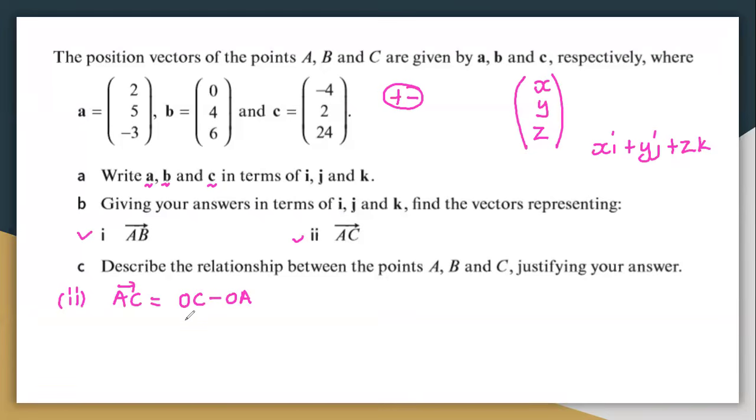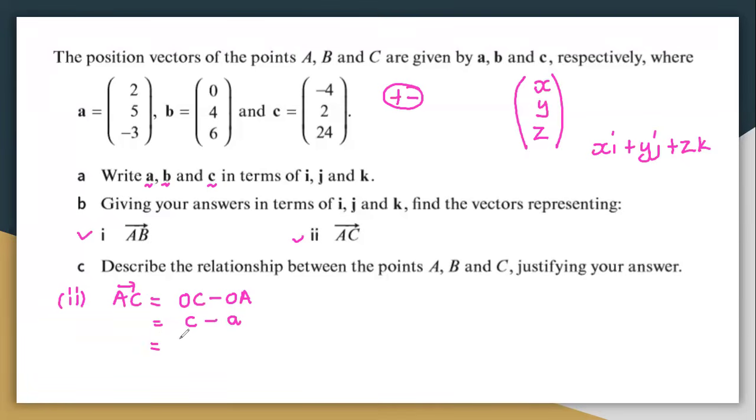And OC is -4, 2. Ruth, I have a question. When you look at our question, what represents OC? Which letter represents OC? C. Then which one represents OA? A, lowercase letter A. Okay, continue.